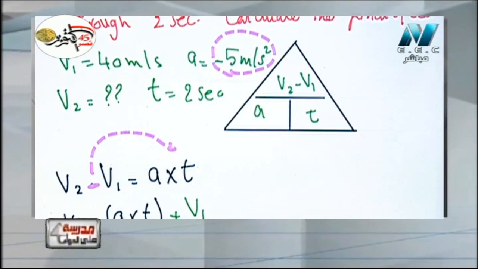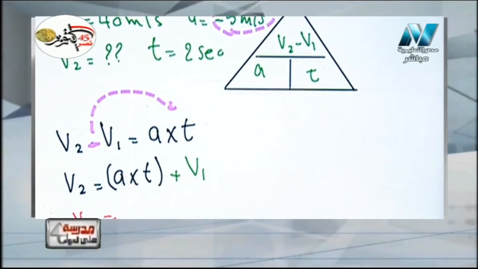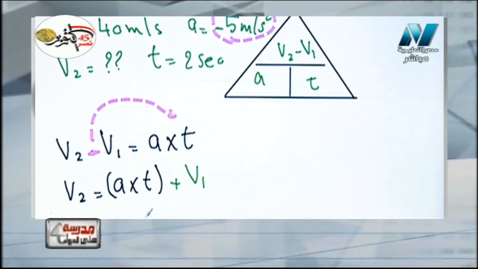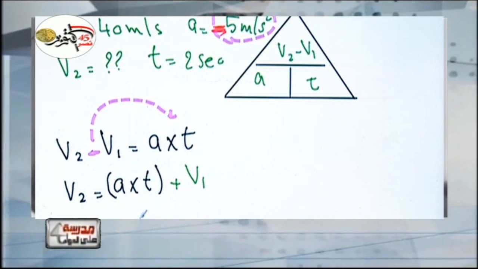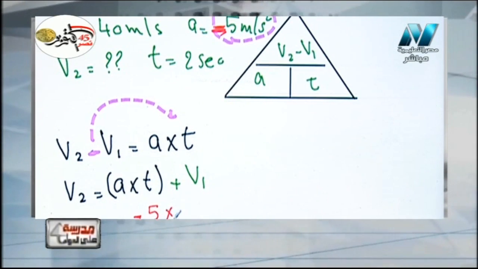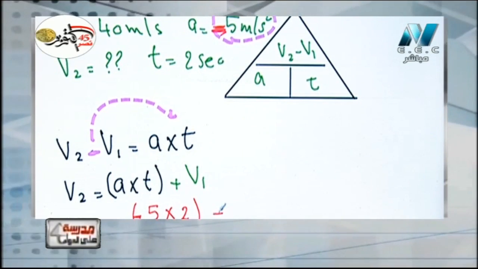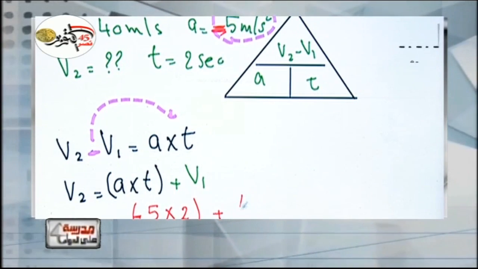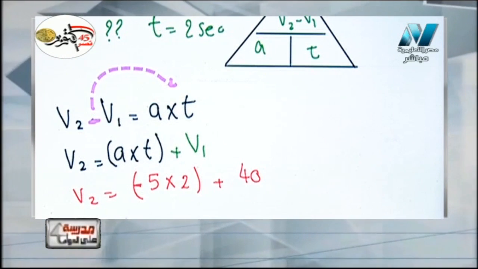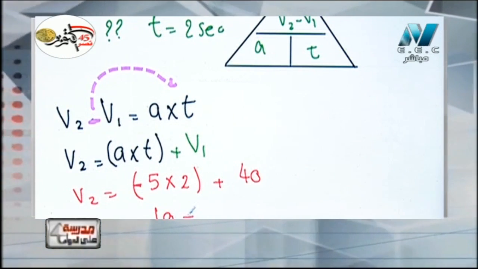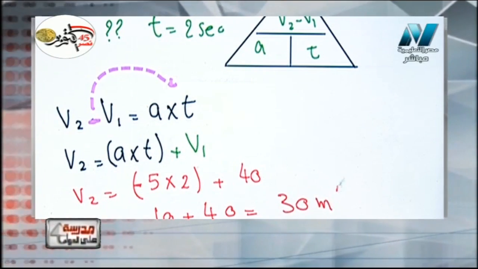So V2 equal acceleration, 5 meter per second but in negative. Negative 5 times time, equal 2, in brackets, plus V1 equal 40 meter per second. So here we have V2 equal negative 10 plus 40 equal 30 meter per second.